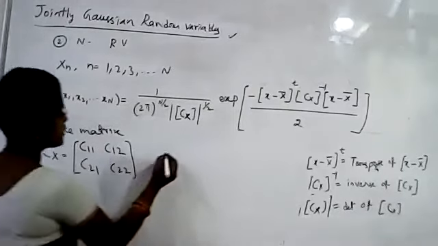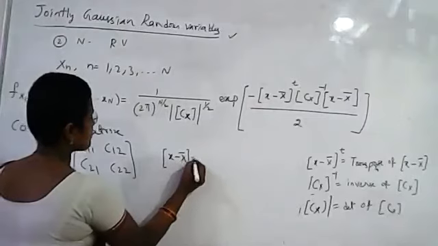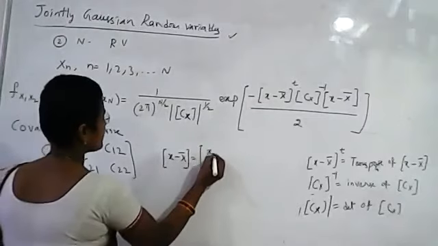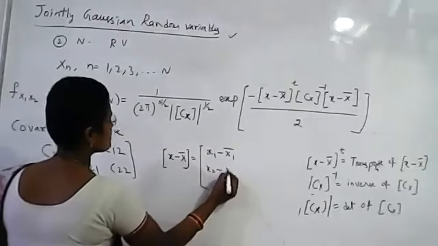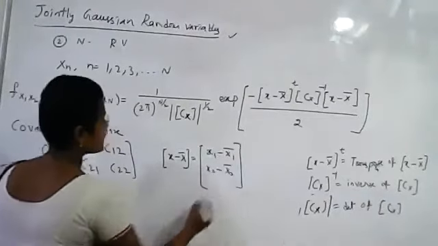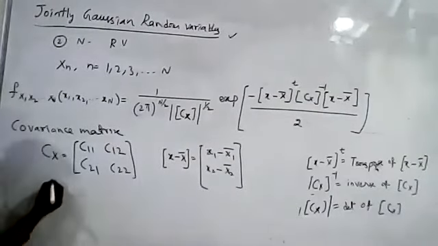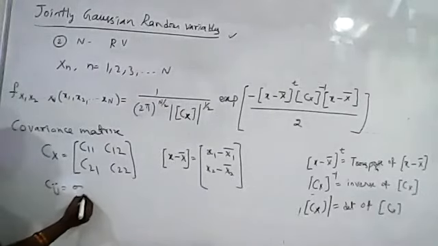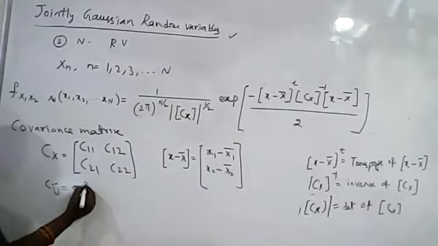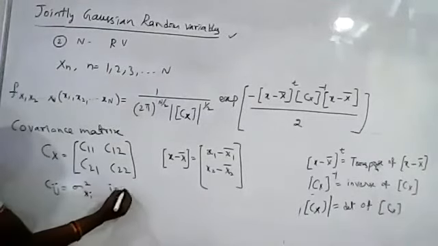Now can you tell me what is the x minus x bar matrix? Since it is having only 2 elements here, x1 minus x1 bar, x2 minus x2 bar. And now find out the elements of Cx. Just now we have discussed that Cij is equal to sigma xi square if i is equal to j.